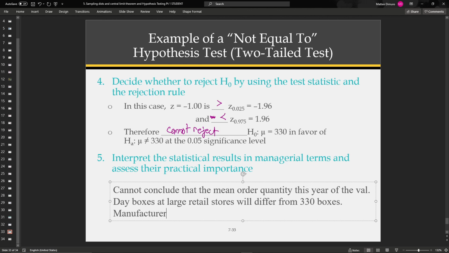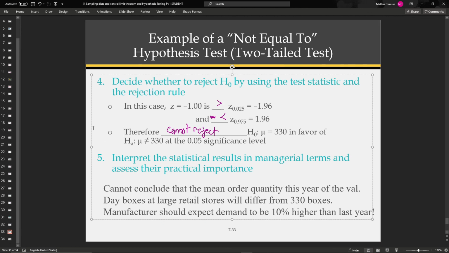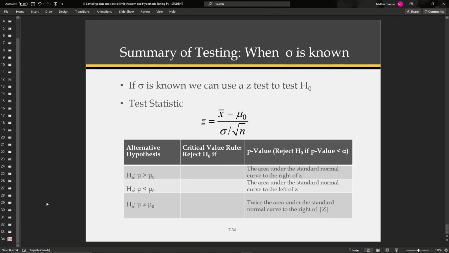The manufacturer should expect demand to be 10% higher than last year. There. I was not about to write that out with my pen. There you have it. You can pause it there if you need.